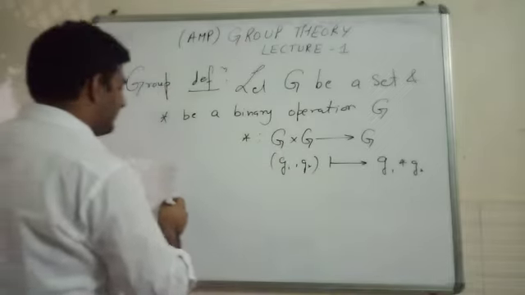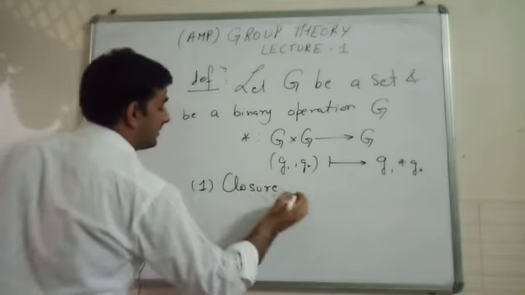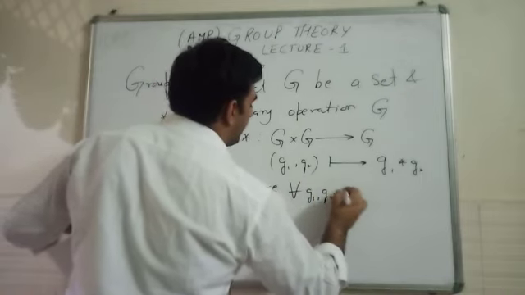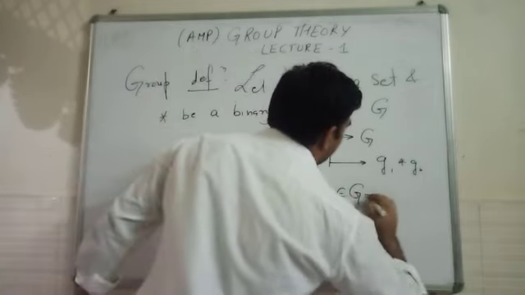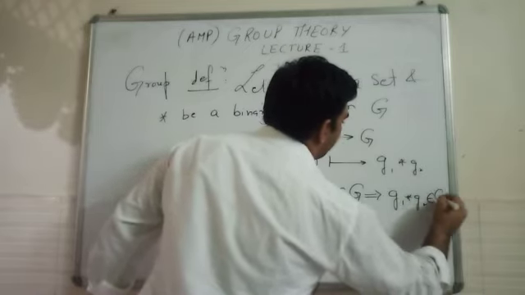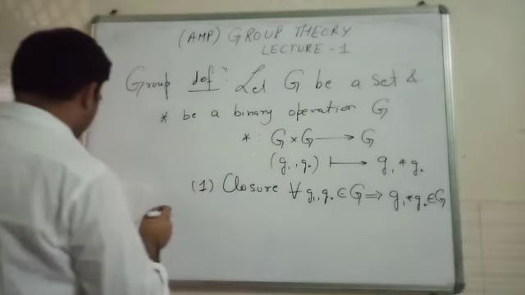So there are certain axioms. The first one is closure. It says that for all g1, g2 in the group, g1 star g2 must also be in the group. So this binary operation must obey the closure property.